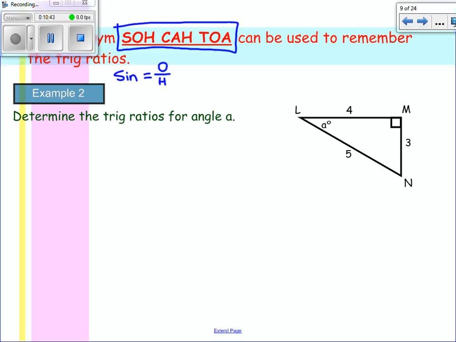CAH stands for cosine, which is COS, equals adjacent divided by hypotenuse. So this is just a quick hand way for us to remember our formulas without actually having to memorize all those formulas. And tangent, TAN, is equal to opposite over adjacent. That's what SOH CAH TOA stands for.